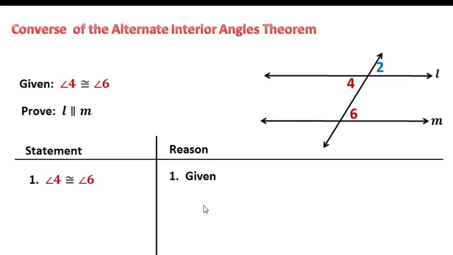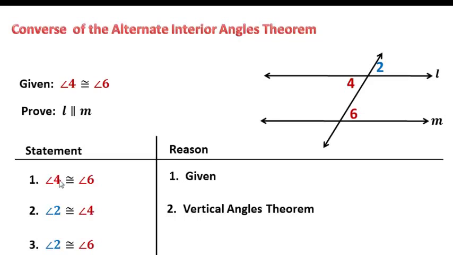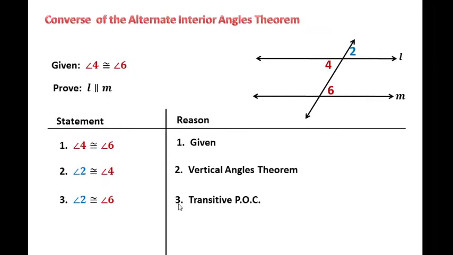So let's start with our given, and then we're going to add what we just talked about. Angle 2 is congruent to angle 4. Well, that's just the vertical angles theorem. And now take a look here. We have two angles that are both congruent to angle 4. Therefore, they are congruent to each other. Well, that's the transitive property of congruency.